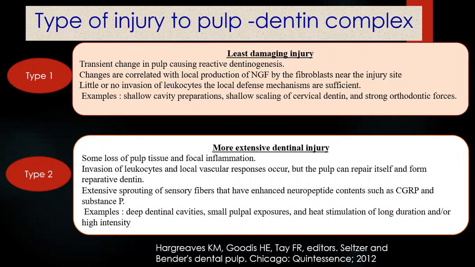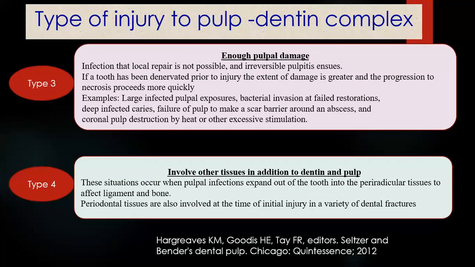So type 1 and type 2 are considered the reversible stages of pulpal damage. In type 3, enough pulpal damage has occurred and local repair is not possible, so this is the irreversible stage. Type 3 and type 4 injuries are irreversible.